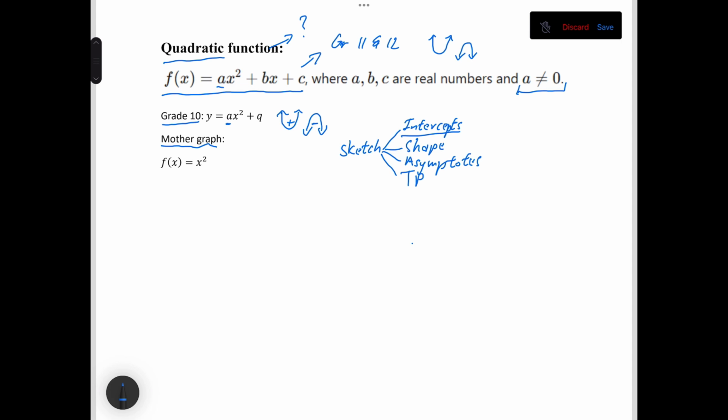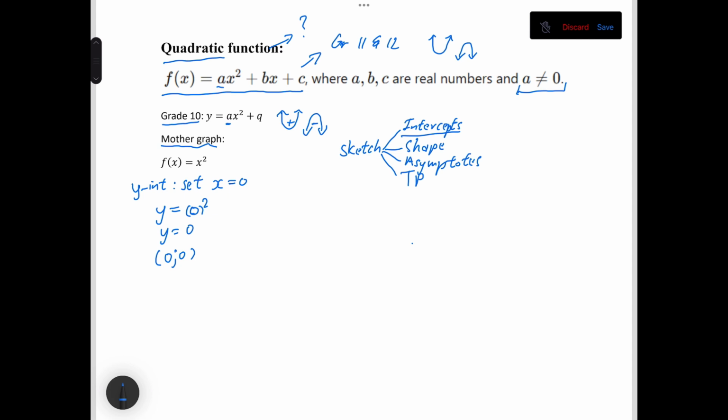Okay, so I will determine my intercepts first, my y-intercept, and then I set x equal to 0. And so now I substitute f of x, which is actually y, and then we put 0 in the place of x in y equals x to the power of 2, and therefore y is equal to 0. Okay, and we write it in coordinate form, it's important.